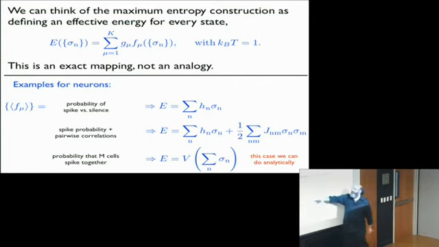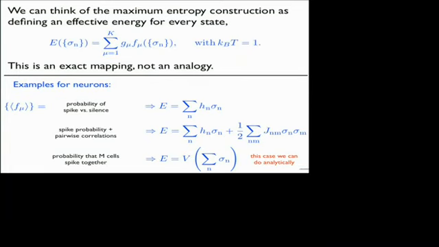Instead of just matching the probability of spiking versus silence for single cells, you could match the probability that m out of the n cells spike together. And then in that case, this is just a global potential acting on the magnetization. And actually, this one we can also do analytically. That is to say, by analytically, I mean that there's nothing hard about doing the inverse problem. You can write the formulas out.